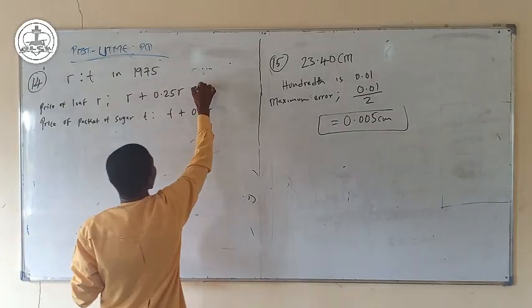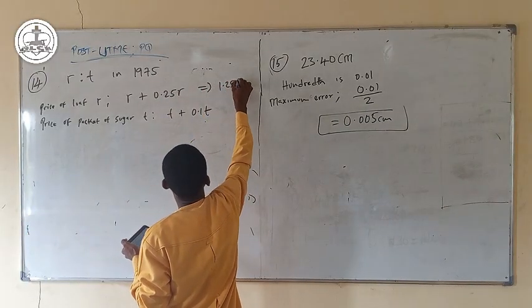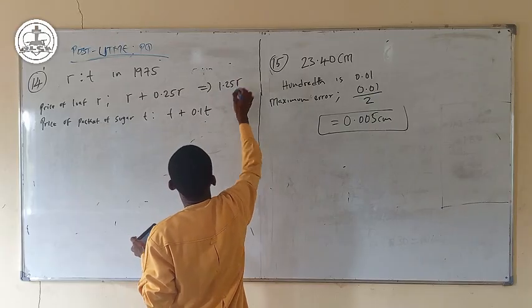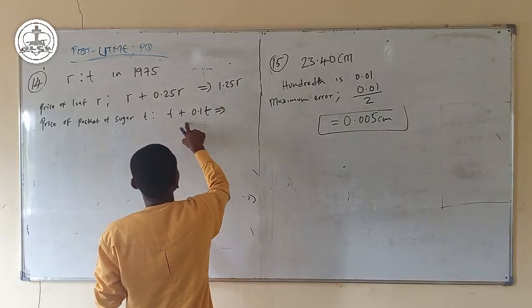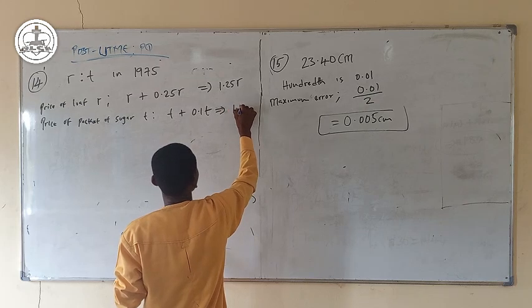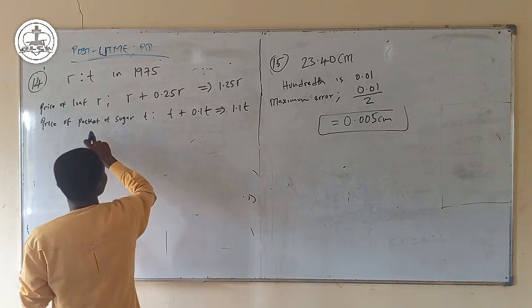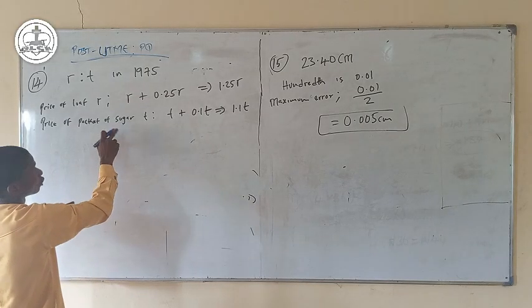This is going to be 1.25 R after the increase, and 1.1 T for the price of sugar.